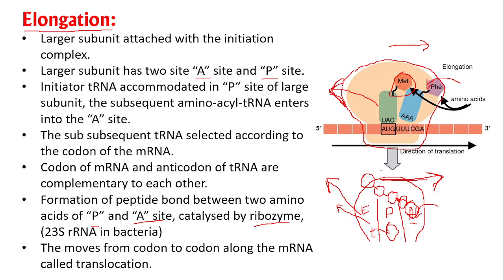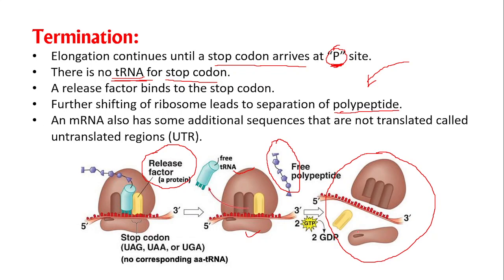E site is nothing but what? Exit site, where exactly the uncharged tRNAs will get out of this particular complex. Is that clear? And this process of attachment of the amino acids and entry of the tRNAs to the A site will continue up to the next step, that is termination.